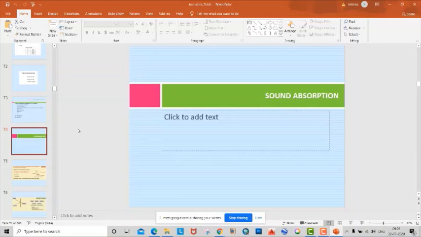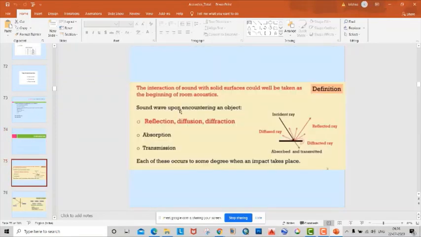In the last class we were discussing sound absorption, the interaction of sound with a wall surface or solid wall. We already discussed reflection, specular reflection if we have a plane surface. I will briefly describe it again, and then we will talk about sound absorbing material.